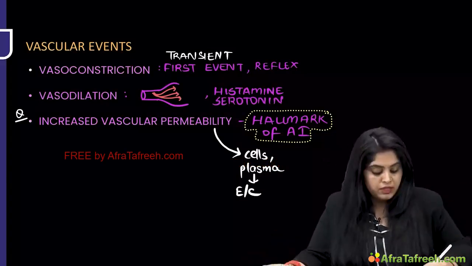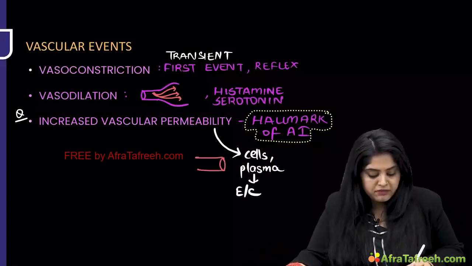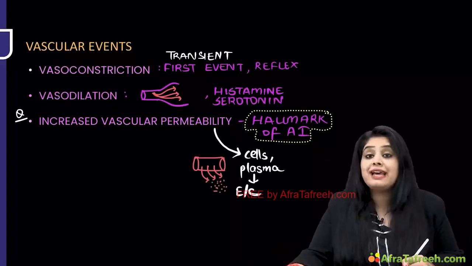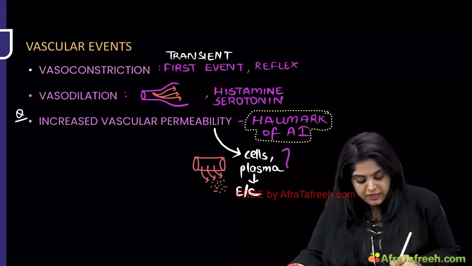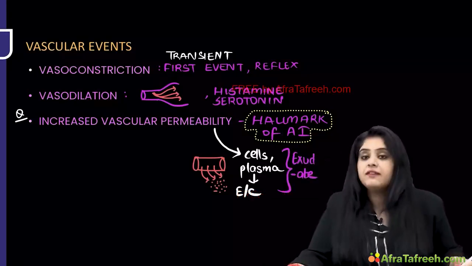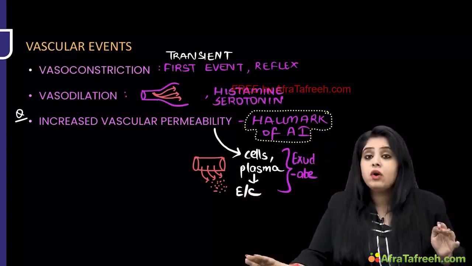So for example, if this was your blood vessel, all these things are going to leak out. This cells and plasma moving out is referred to as exudate. Very, very important point that you have in general path. This is the hallmark event.